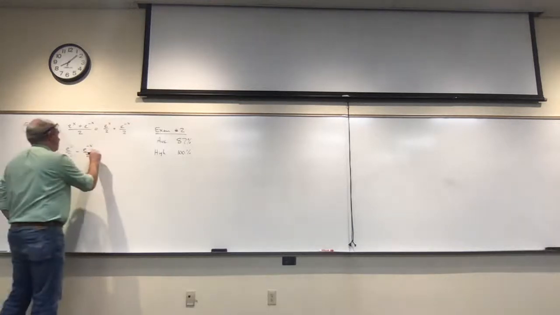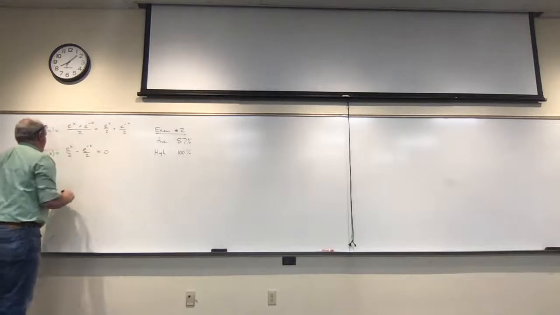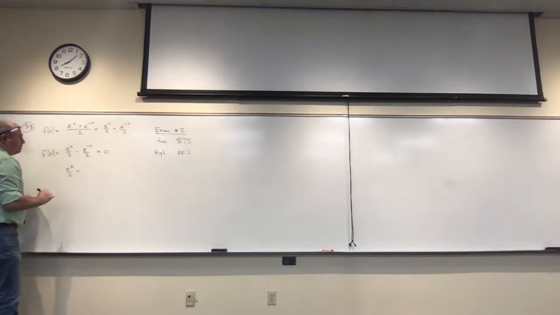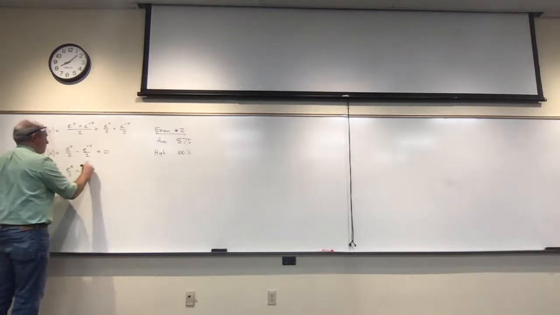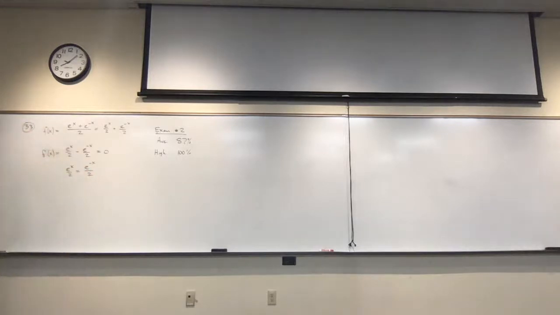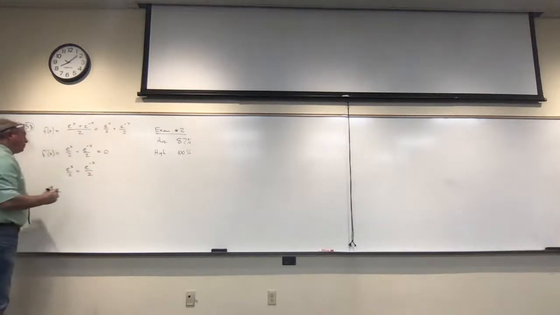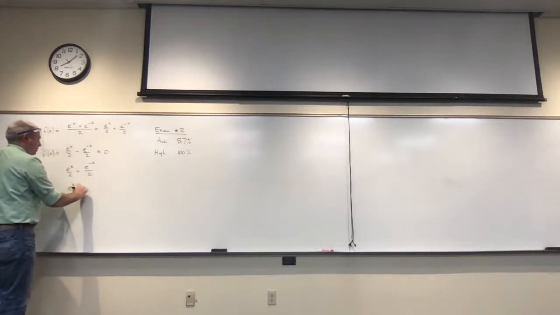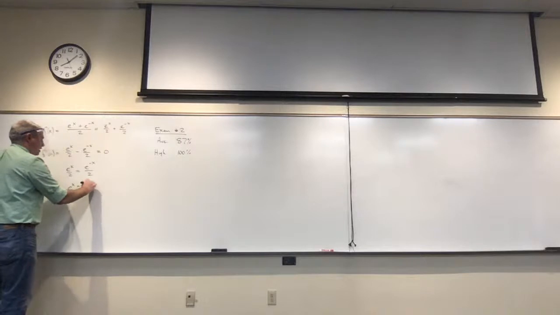So if I set this equal to 0, then I get that e to the x over 2 is equal to e to the minus x over 2. Of course, if I wanted to, I could just multiply both sides by 2. So I get that e to the x is equal to e to the minus x.